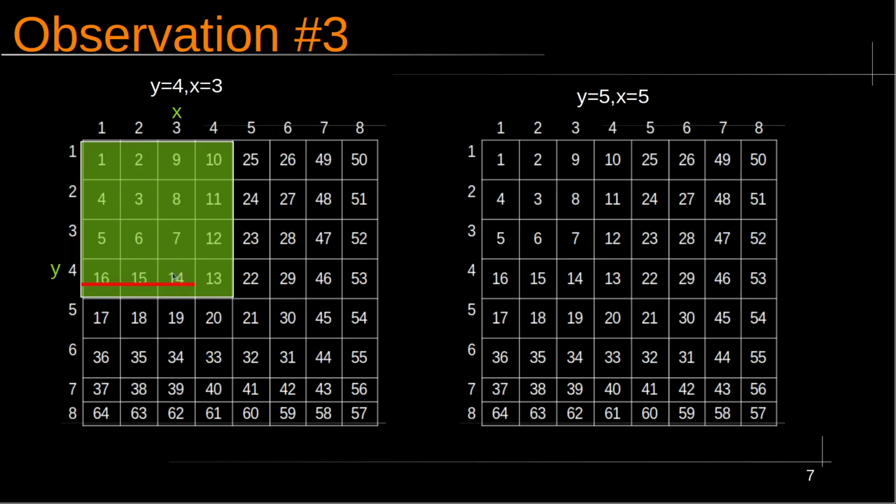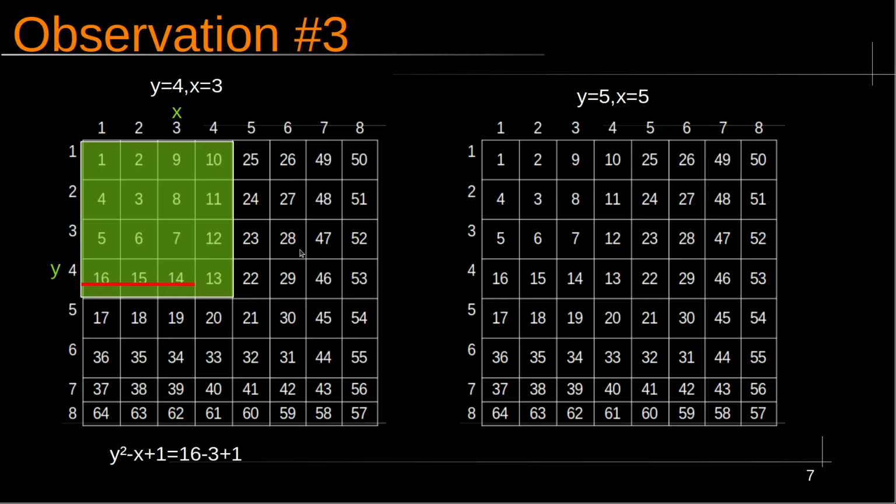For 14, we have 16 minus 2, which is 16 minus 3 plus 1, etc. But as you see here, we can stop here. We cannot use this formula for this element, for 22, for example. So the relationship is broken.